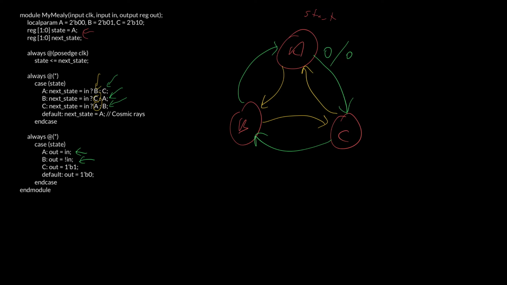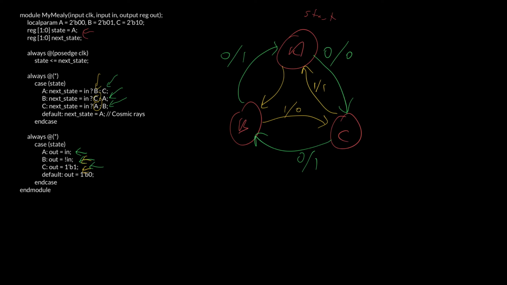So if I'm in state B and the input's a 0, the output is going to be a 1. And if I'm in state C, then the output is going to be a 1 no matter what. Now we do the same with the 1 transitions. So if I'm in state C and the input is a 1, then my output will always be a 1. If I'm in state B and the input is a 1, then the output is going to be a 0.